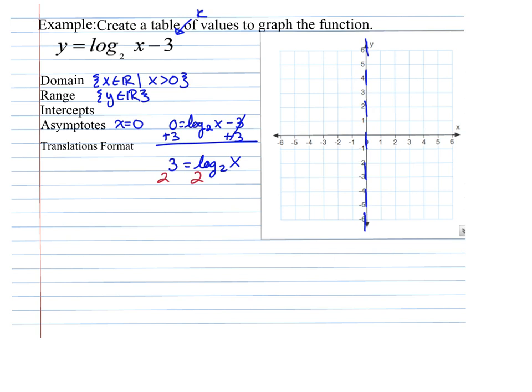That means I'm going to have 2 cubed, which is 8. This goes away, and I get x. So my intercept is 8. So I'm going to have 8, 0 as my x-intercept. So that means I probably will have to extend my graph. So 6, 7, 8. And that's going to put a point right there. So that's one of my first points.